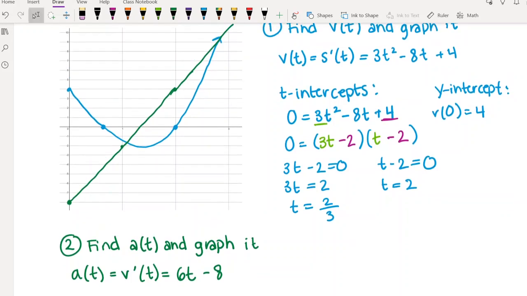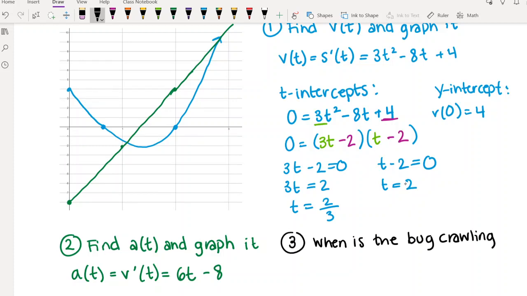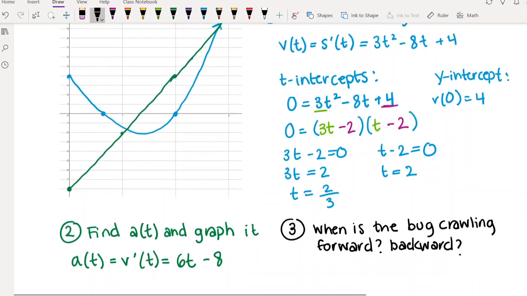Okay, so the next thing we want to figure out is when is this bug crawling forward, and when is it crawling backward? So what do we want to look at here?